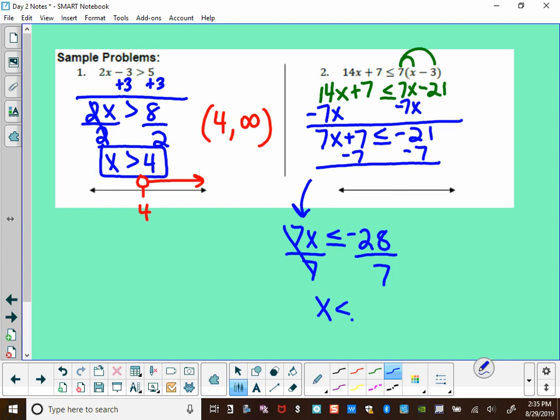But since everything's good here, I'm going to keep my sign the same. And I'm left with negative 4. So when I graph this, I have negative 4, a closed circle, and I'm going towards negative infinity.